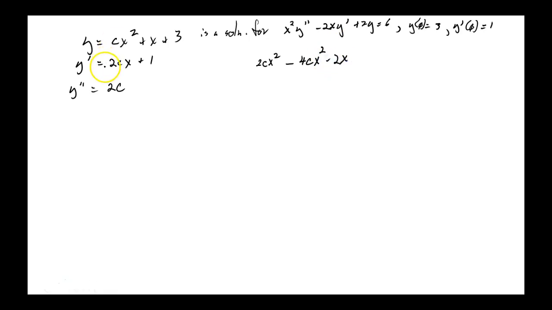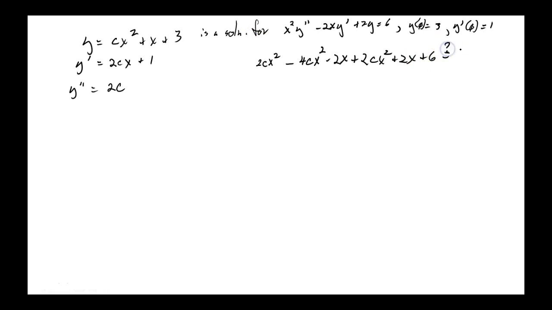Right? The minus 2x times y prime would be minus 4cx squared minus 2x. Plus 2y. Your y is this, so that would be plus 2cx squared plus 2x plus 6.